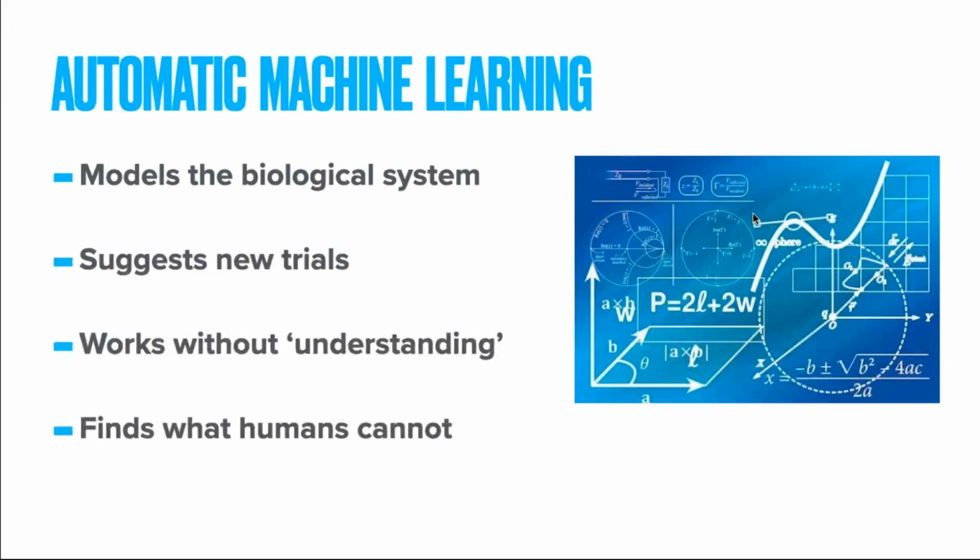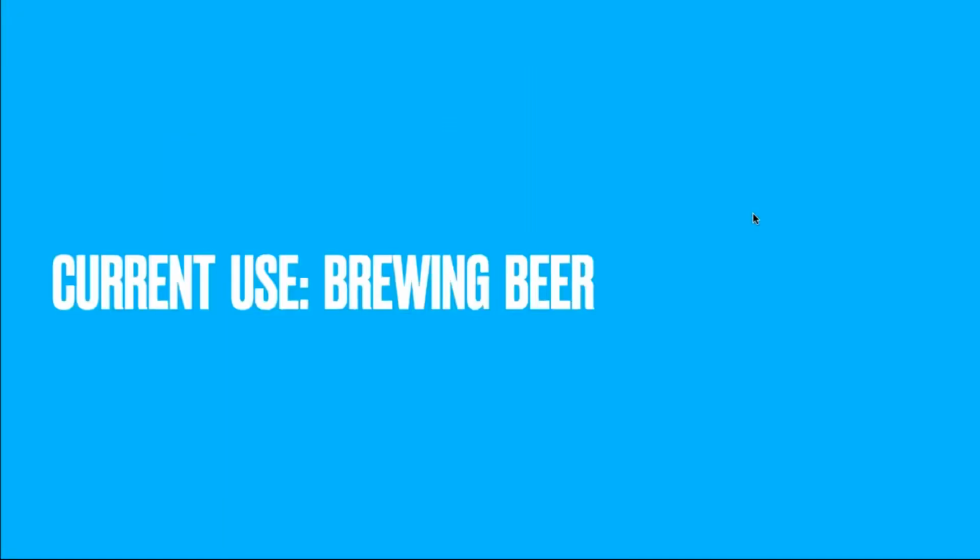It models the biological system, suggests new trials, and works without having to understand the underlying system. It treats it as a black box and just looks at the inputs that you have and the outputs that you want, and it will find things that humans just can't because it considers so many things at once.